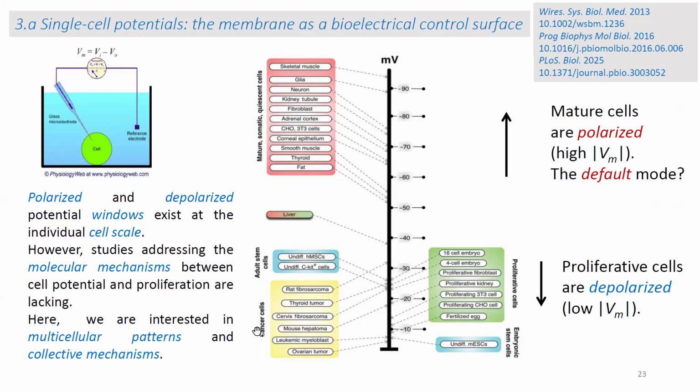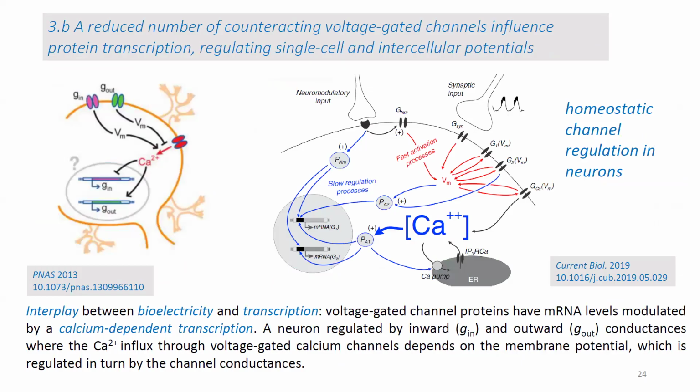However, here we are interested not in single cell or subcellular potentials, but in multicellular patterns and collective mechanisms involving cell potential. To this end, we should try first a relatively simple conceptual scheme.